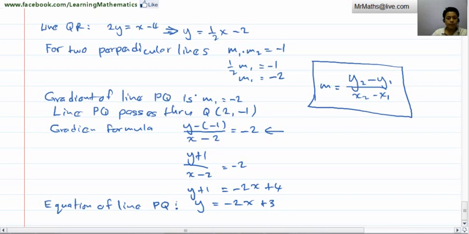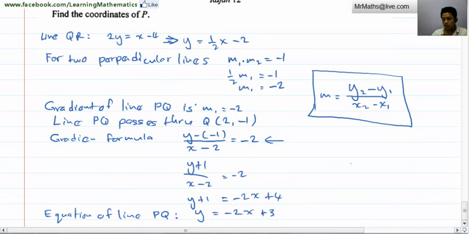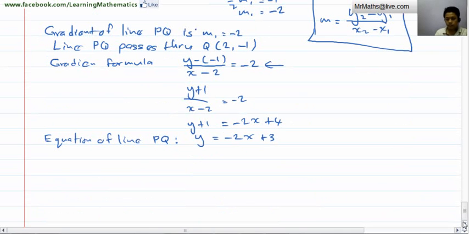Then how do you find the coordinate of P? Because the line also passes through P. PQ passes through point P. At P, x is 0.